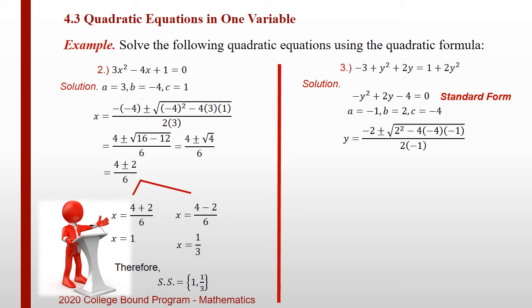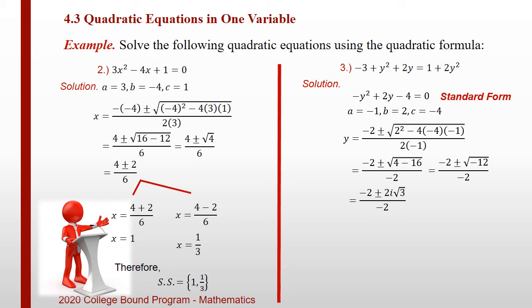Notice the use of the variable y instead of x. This is because the given is in terms of y. Now, by simplification, we get y equals negative 2 plus and minus 2i square root of 3 all over negative 2.